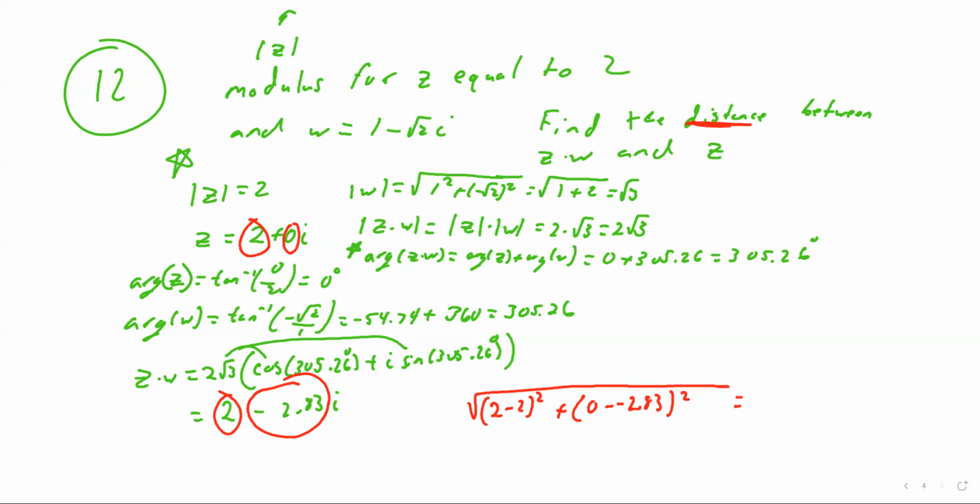So 2 minus 2 squared is going to go away. Two negatives make a positive, so this is really 2.83 squared. What's going to happen to the square and the square root? So 2.83 will be your answer.